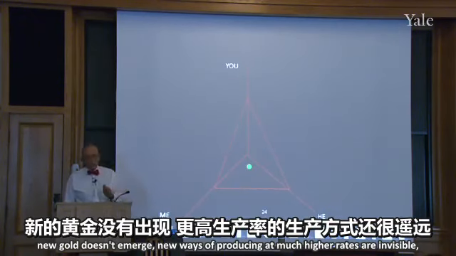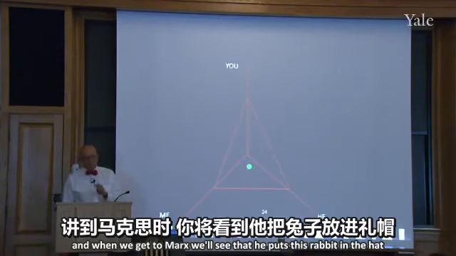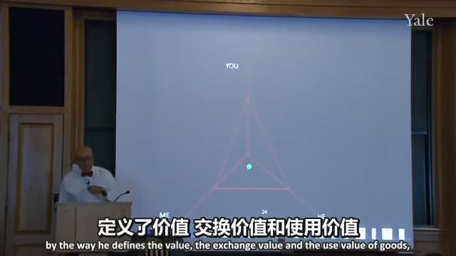New gold doesn't emerge. New ways of producing at much higher rates are invisible. And when we get to Marx, we'll see that he puts this rabbit in the hat by the way he defines the exchange value and the use value of goods.